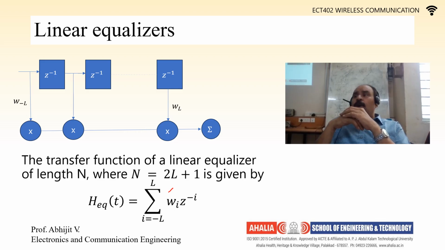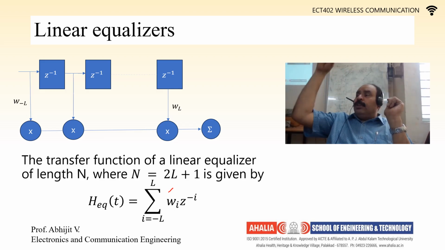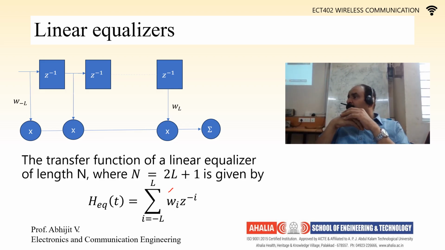We are going to study a set of algorithms called zero forcing algorithms, and then MMSE algorithms, LSE algorithms. For all these algorithms, we are going to find the optimal value of W_i so that the equalizer is able to eliminate intersymbol interference.